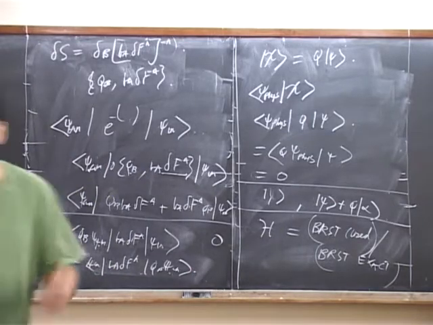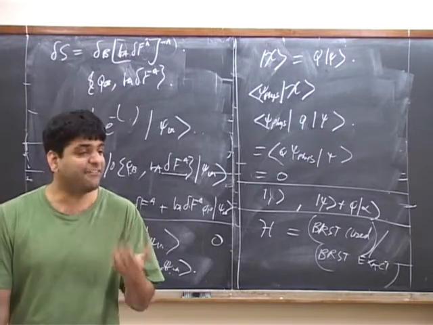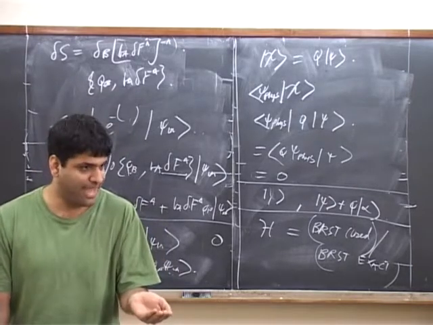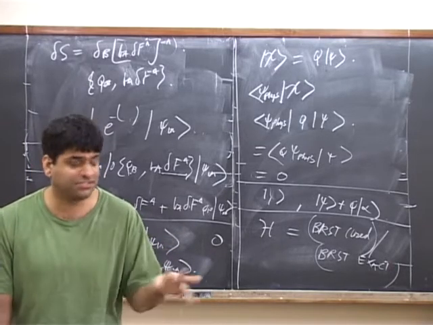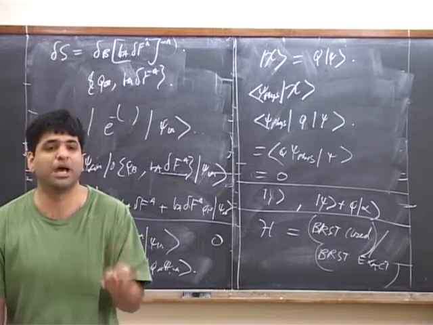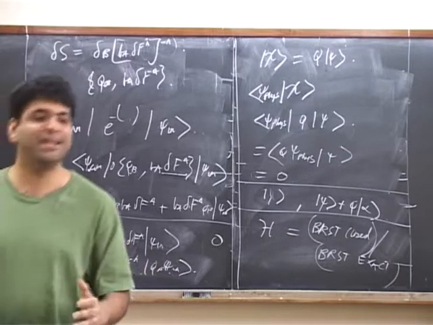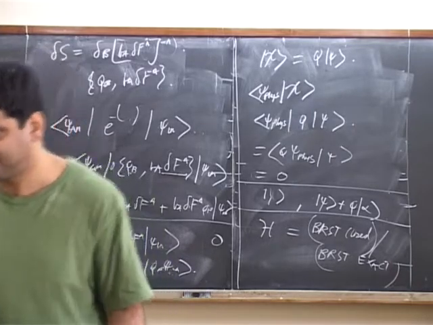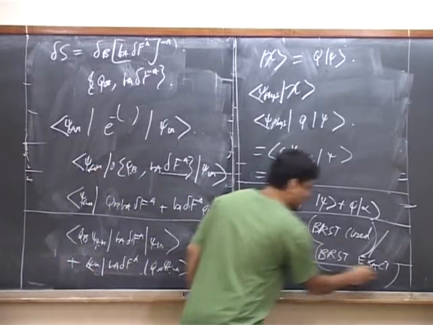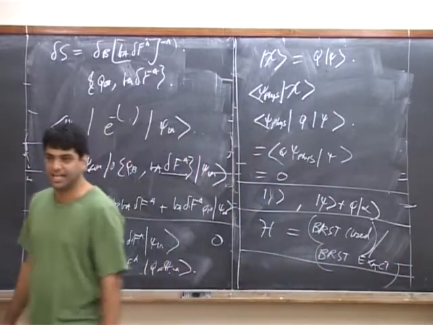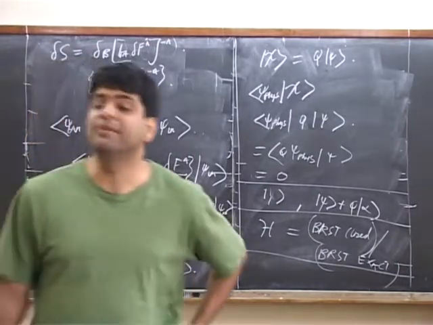It means the physical Hilbert space is the set of equivalence classes of BRST closed states, where any two BRST closed states are treated as equivalent if their difference is BRST exact. So by modulo I mean this equivalence class. Is this clear?